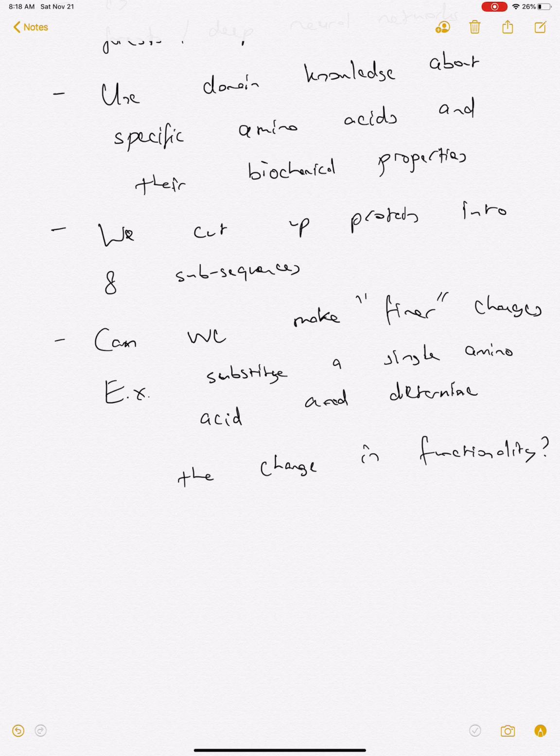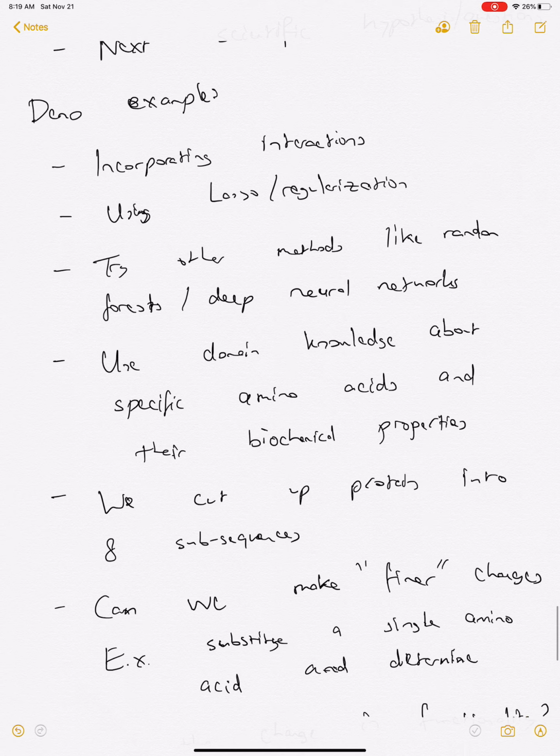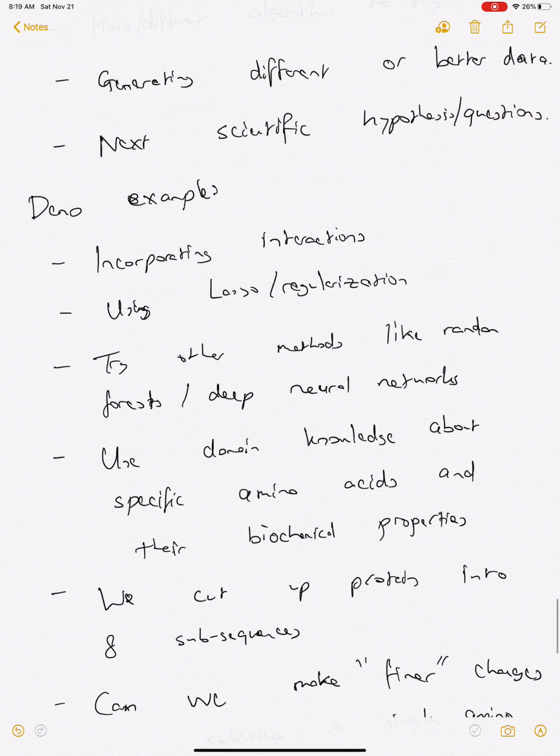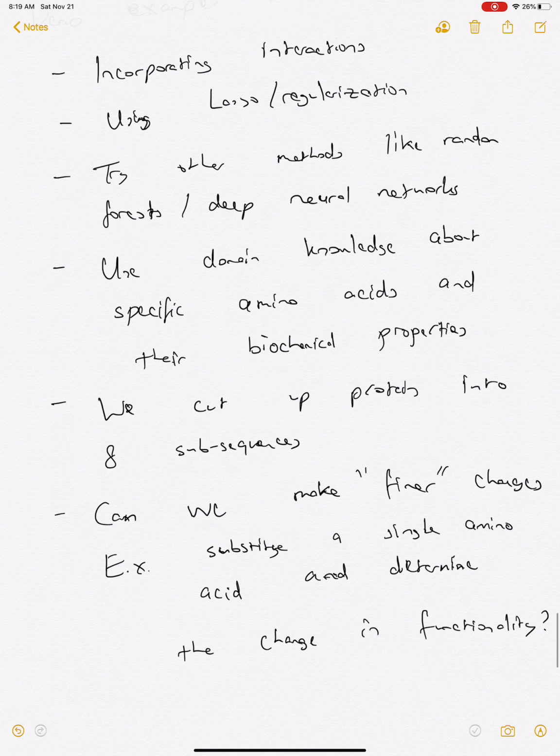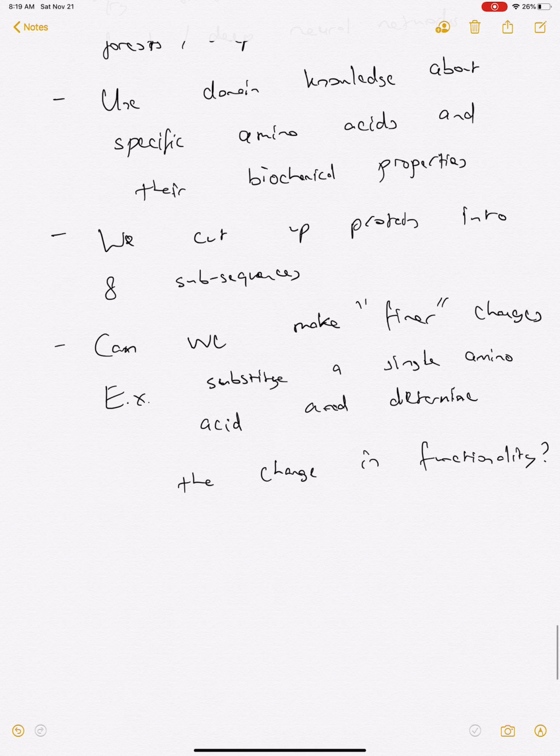This really gets to the question of the data being generated in a very specific way, but is there a way we could explore the protein space differently by looking at different ways to generate the data? We want to explore this whole protein sequence space in a very different way, and that's a future question that fits under generating different or better data, to get a better sense of what's going on.